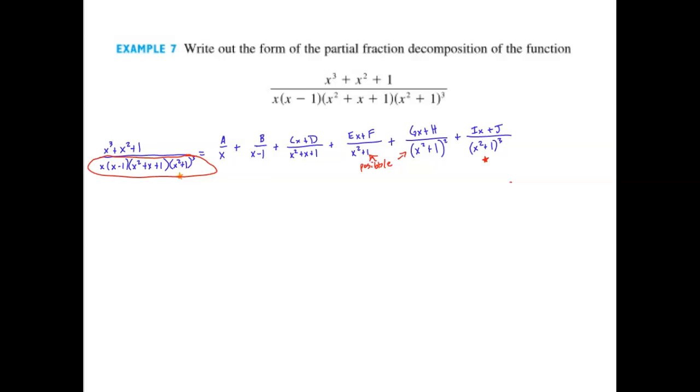They're not necessary, meaning if E is 0 and F is 0 and G is 0 and H is 0, then these are gone. And the common denominator of what remains is still the common denominator that we have, correct? But those have a possibility of being non-zero because the common denominator of all of those is also still that common denominator that we have, right? So we're just accounting for those as possibilities. Does that make sense?